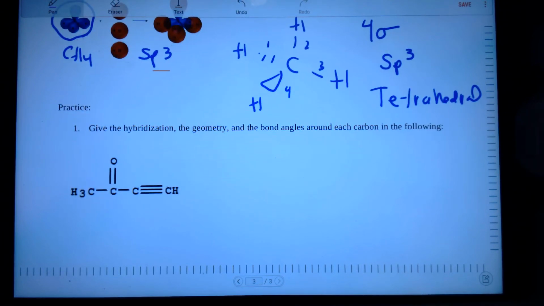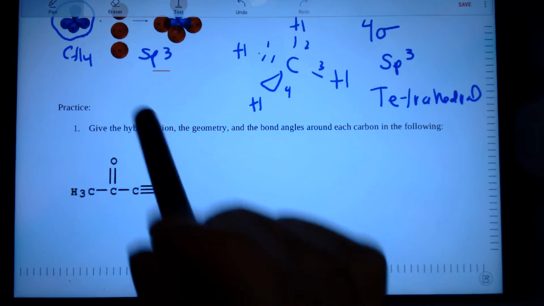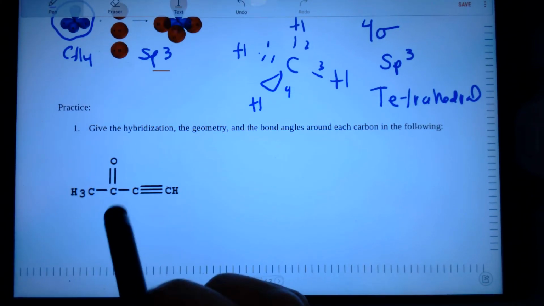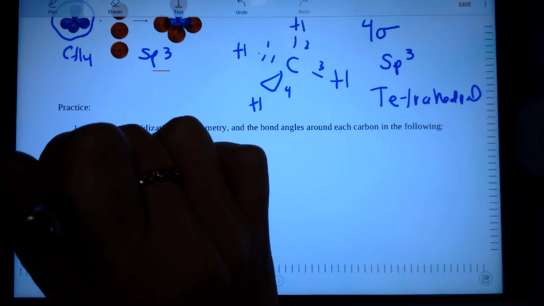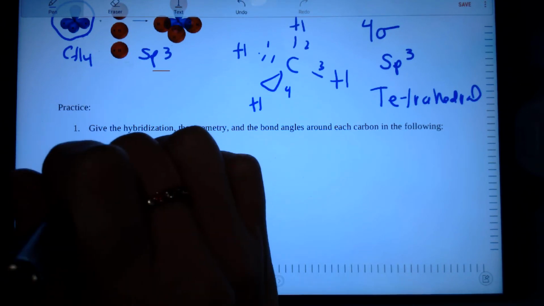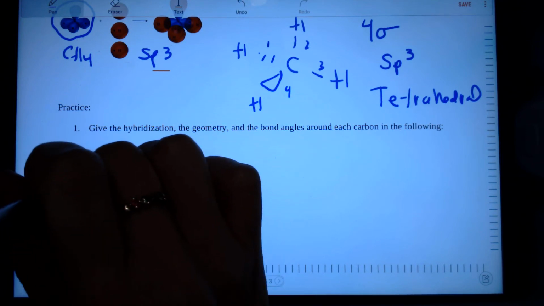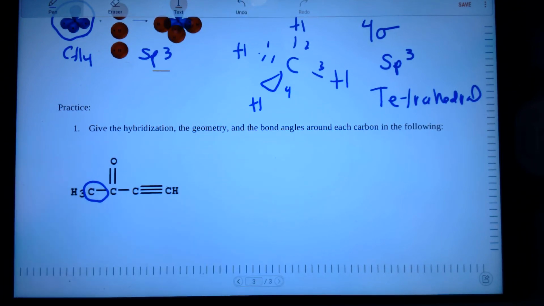Okay, so let's give the hybridization, the geometry, and the bond angles around each carbon in the following. So we have this molecule right here. Let's look at this one right here. This carbon has 3 bonds to hydrogen.